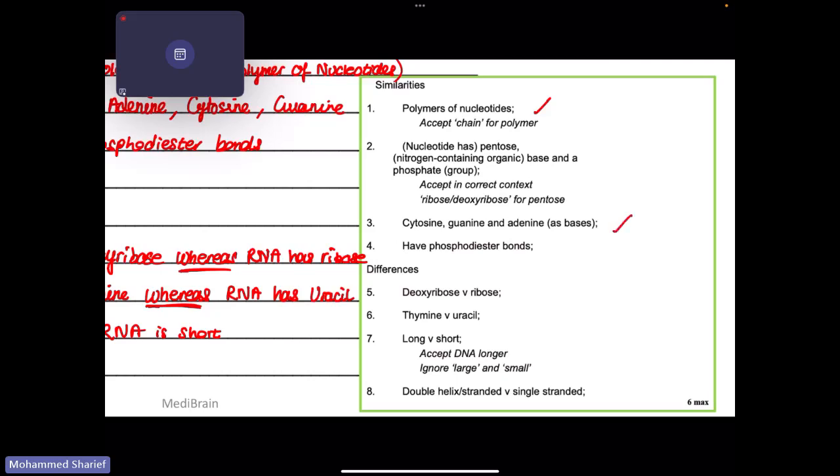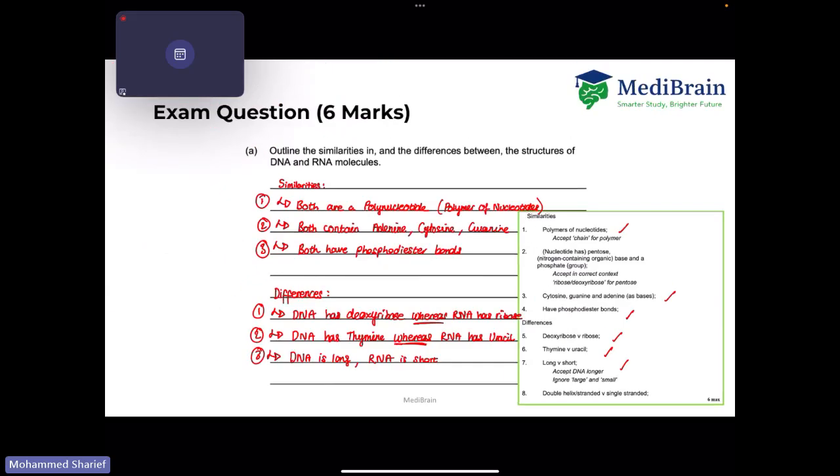Cytosine, guanine, and adenine as bases, and phosphodiester bonds. Deoxyribose versus ribose, thymine versus uracil, long versus short. You could have also said double helix, double-stranded versus single-stranded, and that's what would get you 6 marks there. Okay, it's a comparison question. Normally a question you would see at the end of a biology paper 1.